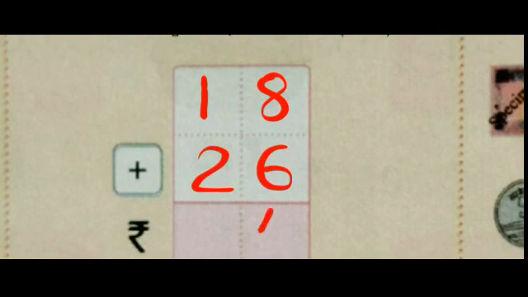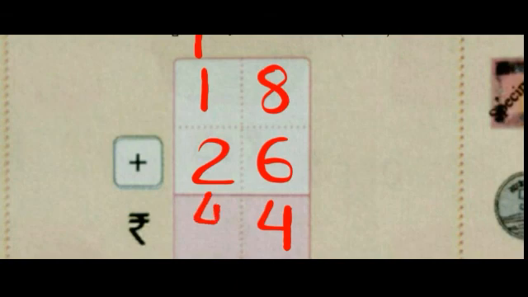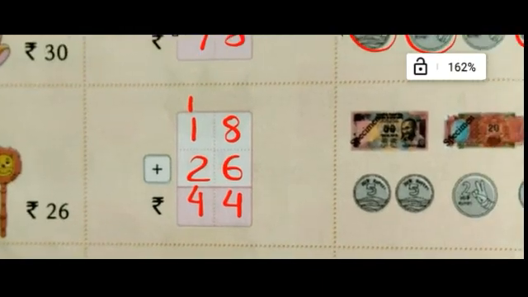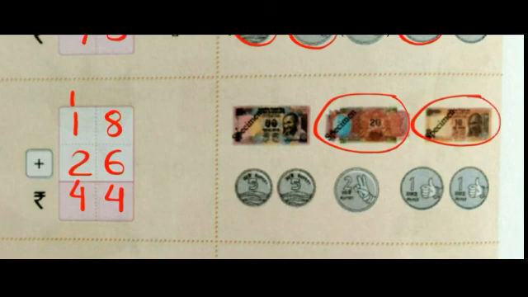So we will write 4 here and 1 will be regrouped here. Now add the tens. 2, 3, 4. Total is 44 rupees. Now we need to circle it here. We can't use 50 rupee note because it is more than that. Okay, so we can use a 20 rupee note, 10 rupee note. It will become 30 rupees.